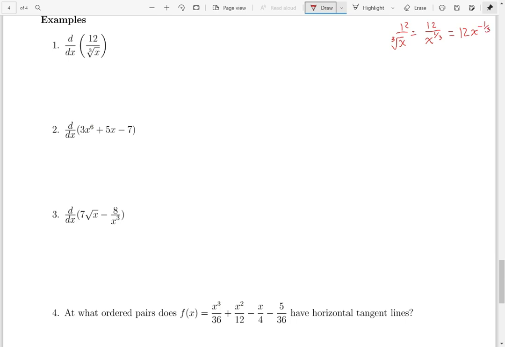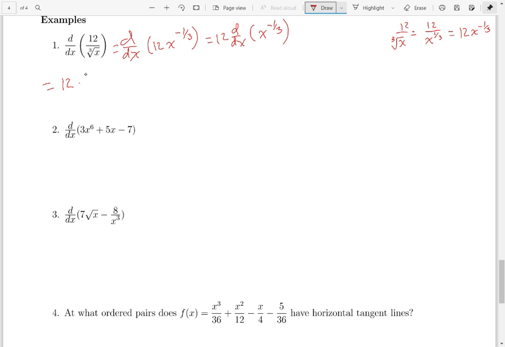Alright, so that's the derivative we're going to take. So, d dx of 12 times x to the negative 1/3, it's then true that this is going to be the constant times the derivative of the function, so that's 12 times the derivative of x to the negative 1/3. Then we take the derivative of x to the negative 1/3 using the general power rule.